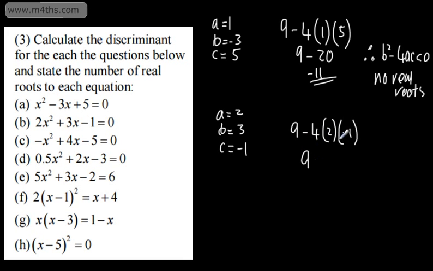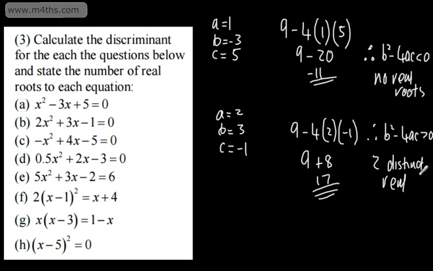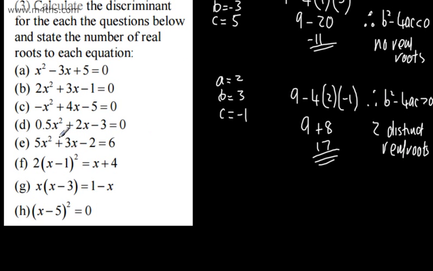So that's going to give me 9 plus 8, which is 17, positive, so we can write therefore b squared minus 4ac is greater than 0, and we can say 2 distinct real roots. So that would cross the x-axis in 2 places.